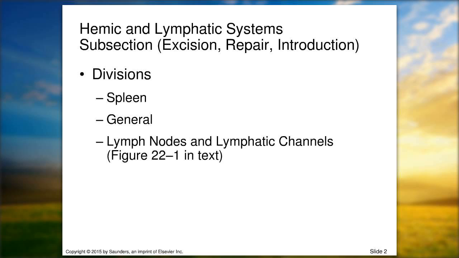So let's get started. You will notice that in this section in your CPT book, the divisions for this section will be spleen, general, lymph nodes, and lymphatic channels. The subheadings, you will see them in red.